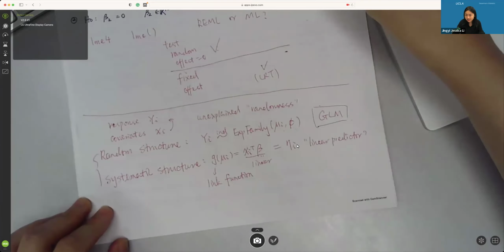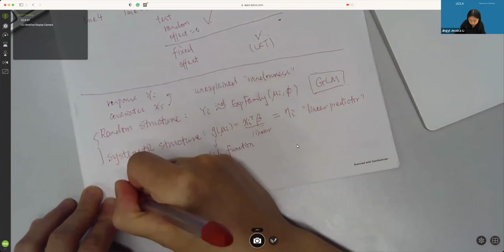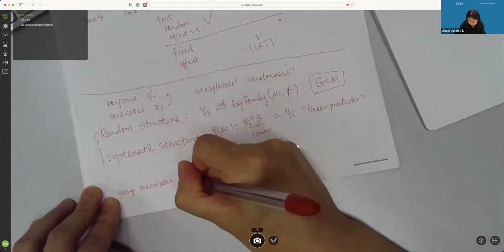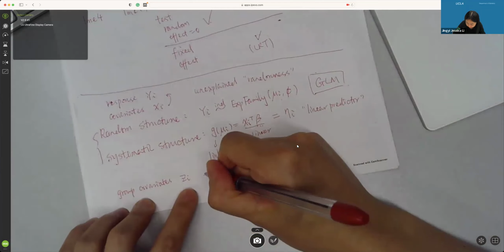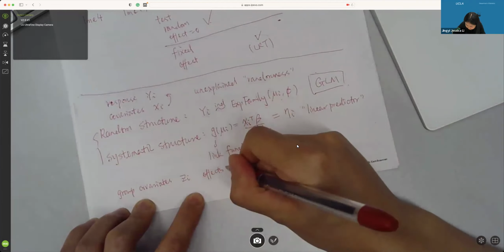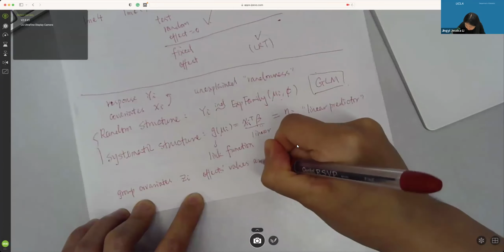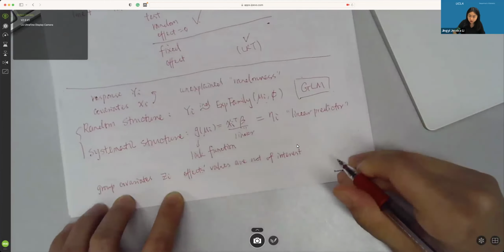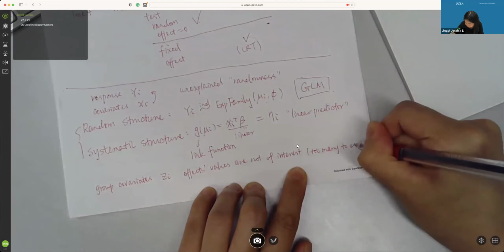And then we can add a random effect. So for random effects, we may have some group covariates, called z_i. So these effects, I would say the values of their effects are not of interest, or there are just too many to estimate.